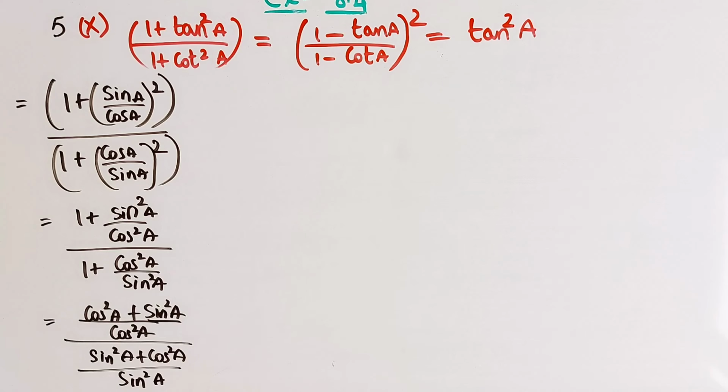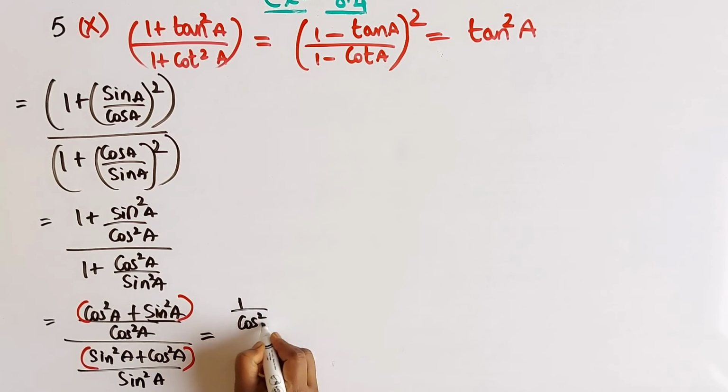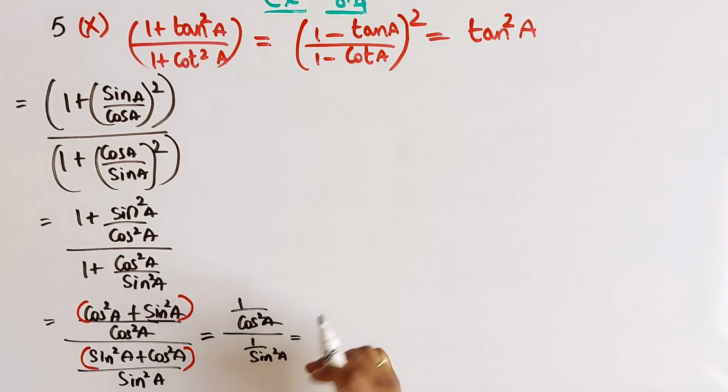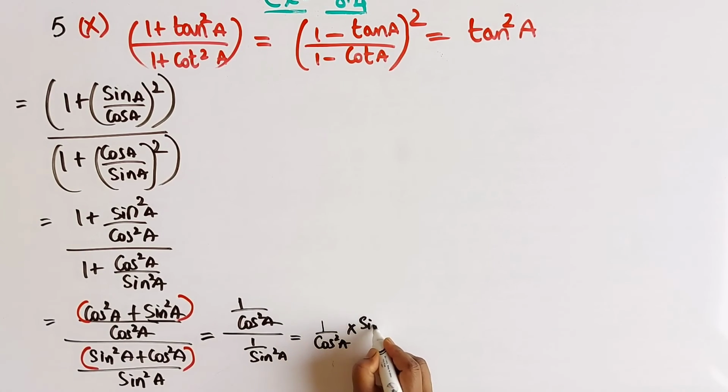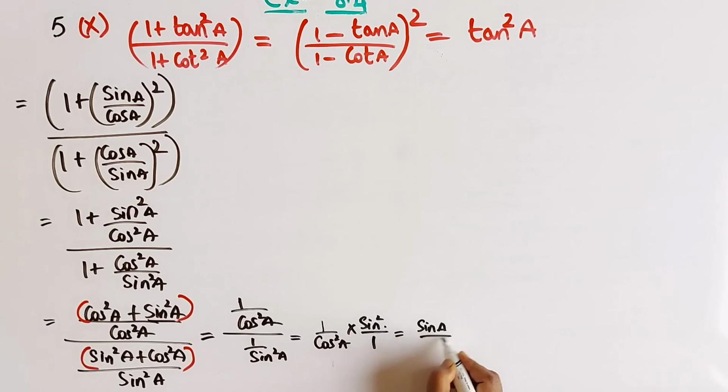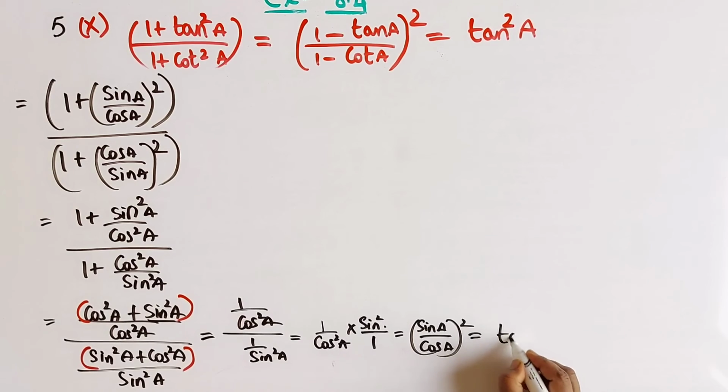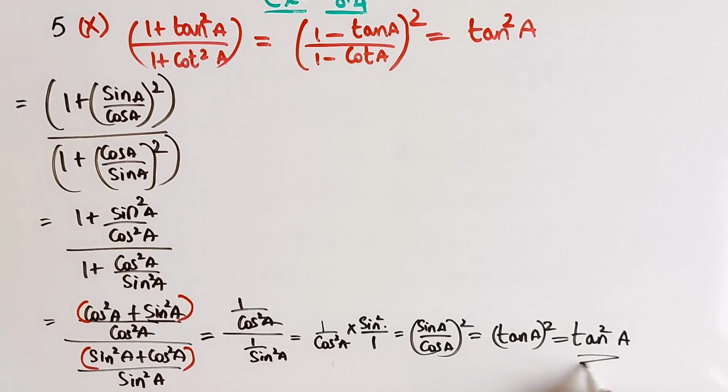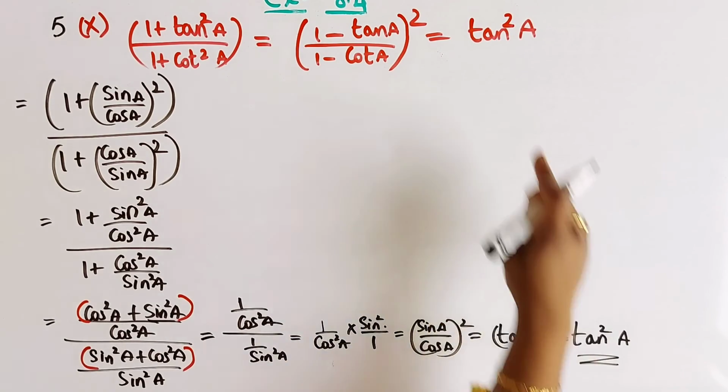Now see here, cos square a plus sin square a is nothing but 1 and sin square a plus cos square a is nothing but 1. That's what I am writing here, 1 by cos square a divided by 1 by sin square a. Just invert this fraction, 1 by cos square a into sin square a by 1. That is (sin a by cos a) whole square. What is sin a by cos a? It is tan a, whole square. Tan square a. See? Now first part finished. It is tan square a.